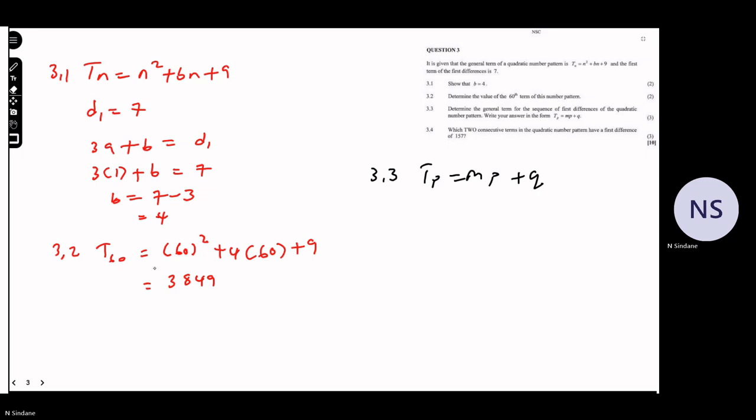So let's try to do it. The first term is 1 squared plus 4 into 1 plus 9, then 2 squared plus 4 into 2 plus 9, and then 3 squared plus 4 into 3 plus 9. This is my pattern, and then let's see on my calculator what I get.